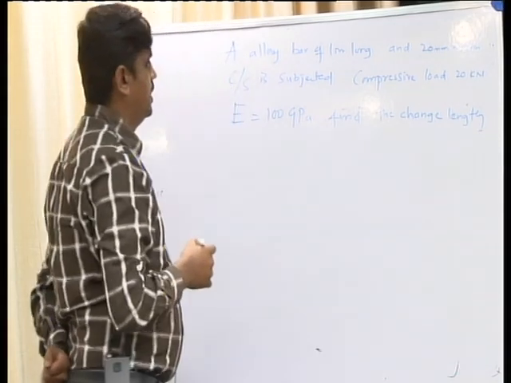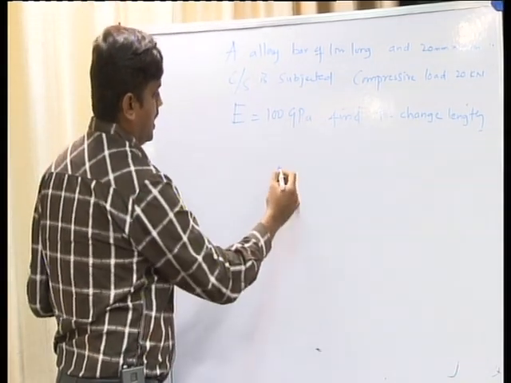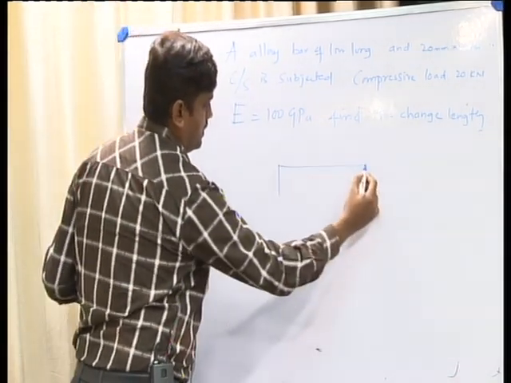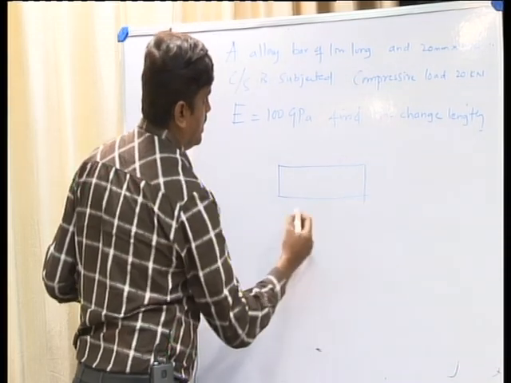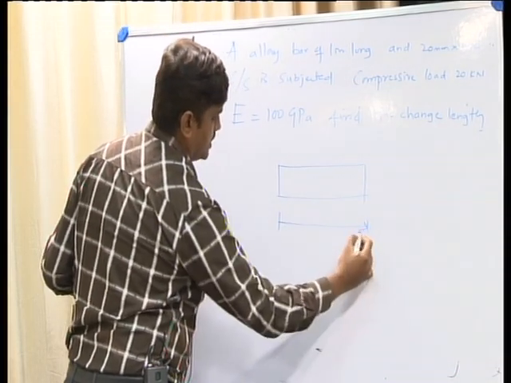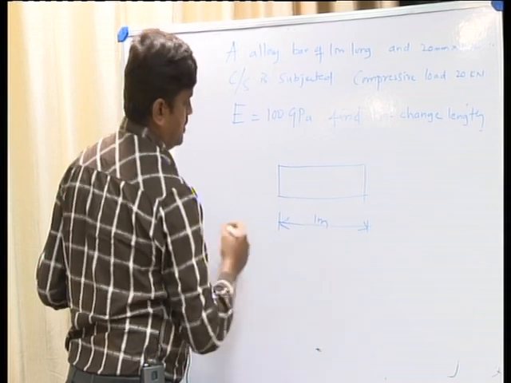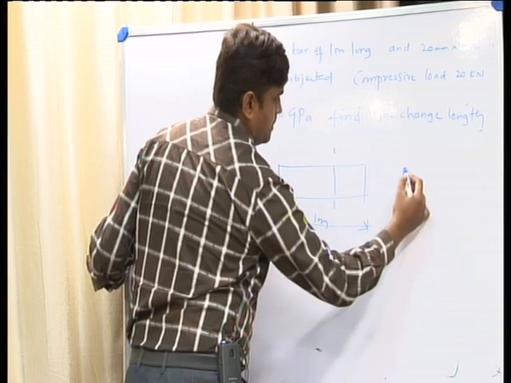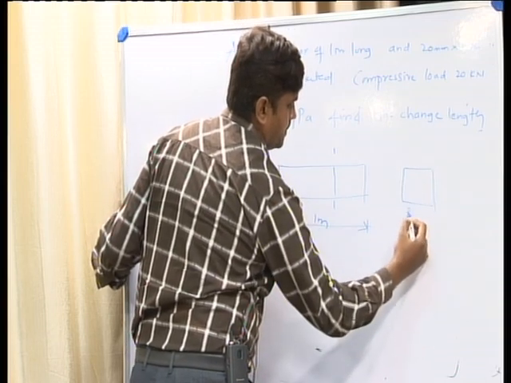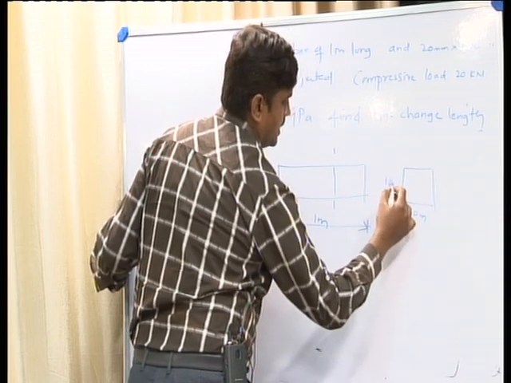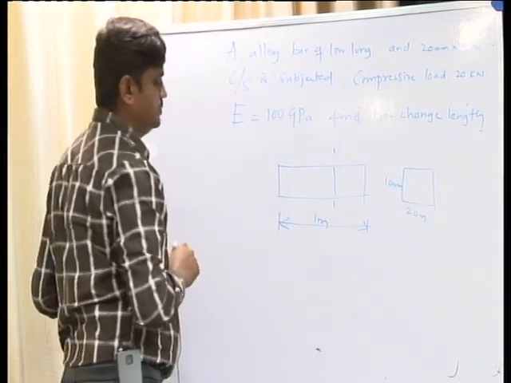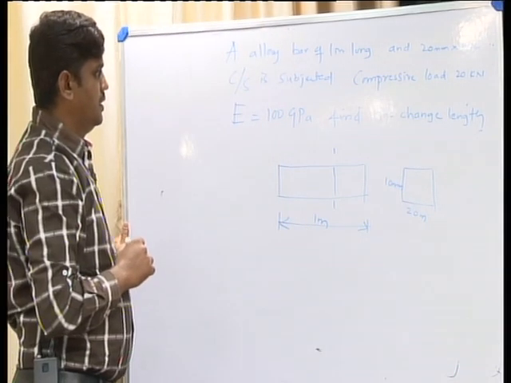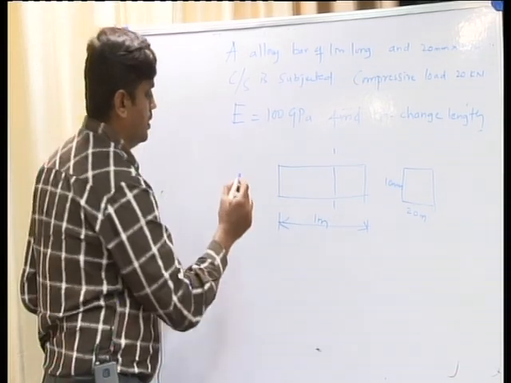As I told you, an alloy bar of length 1 meter, of cross section 20 mm by 10 mm, is subjected to compressive load.